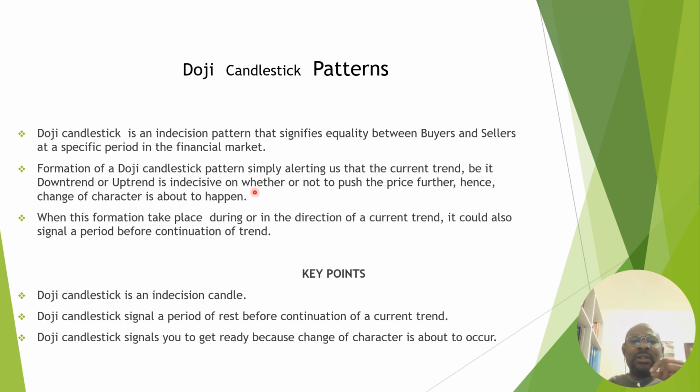Once the doji candle finishes printing, if the sellers are still ready to move downward, they will start pushing the price downward. Or if it is a current trend that is trending up, they can continue pushing the price upward. A doji candle signals you to get ready because change of character is about to happen.